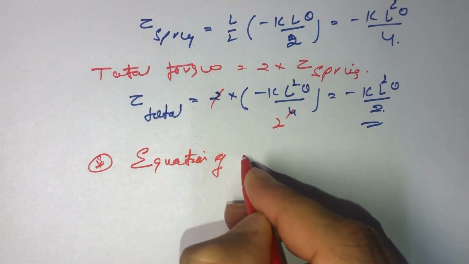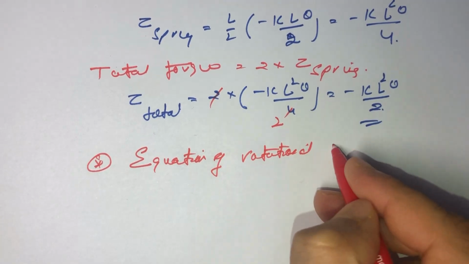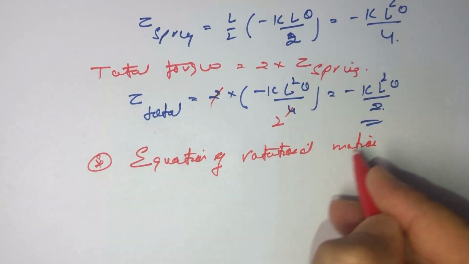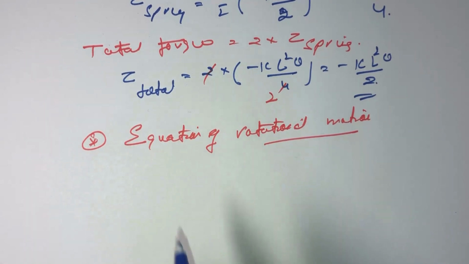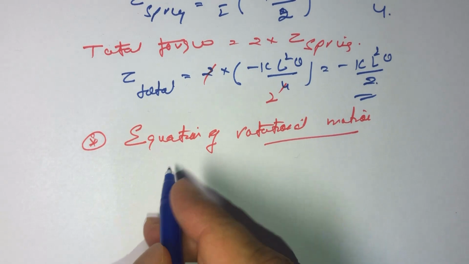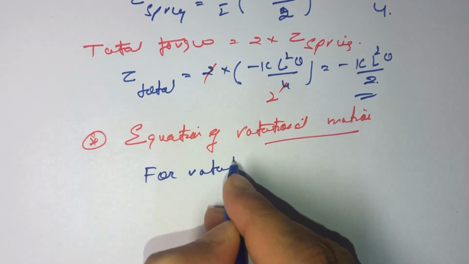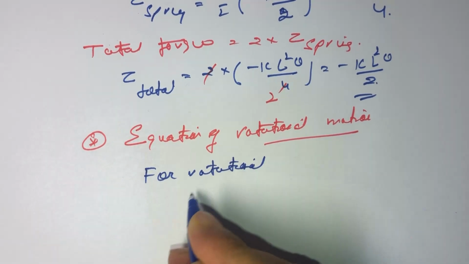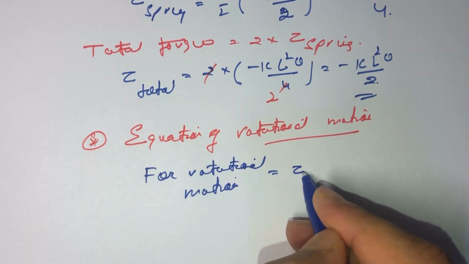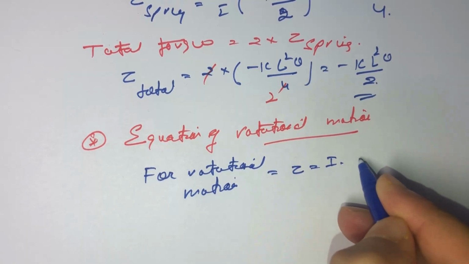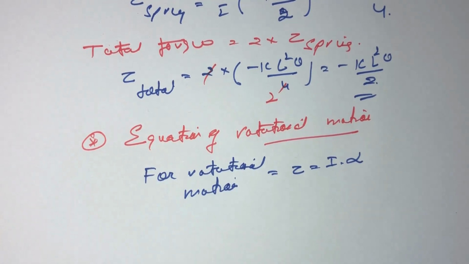We already know that for rotational motion, torque is equal to moment of inertia multiplied by alpha, where alpha is angular acceleration and I is the moment of inertia.